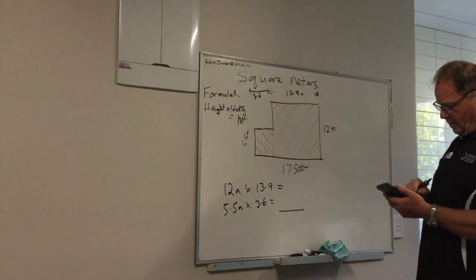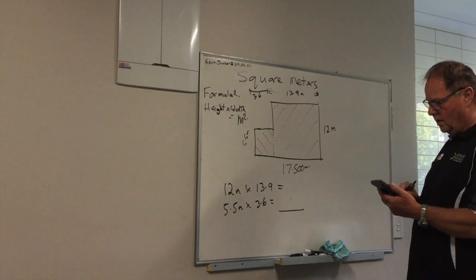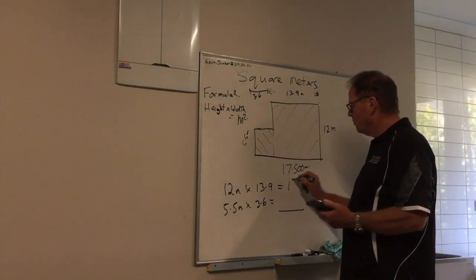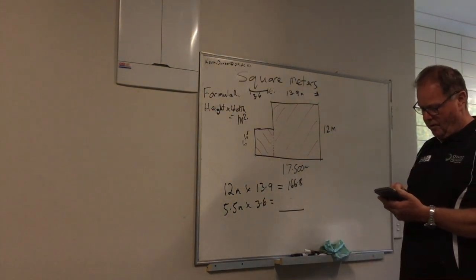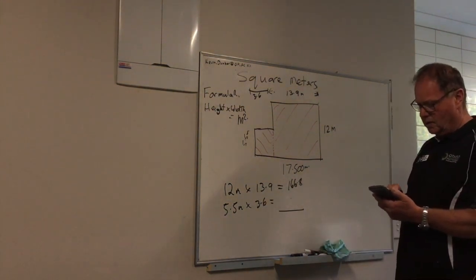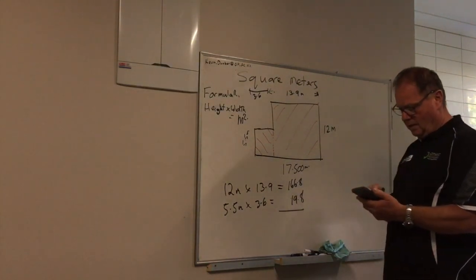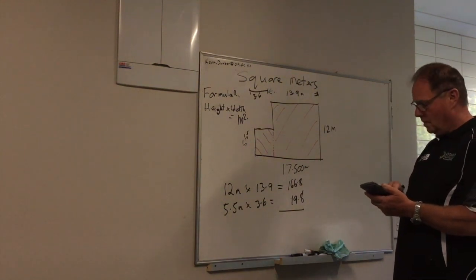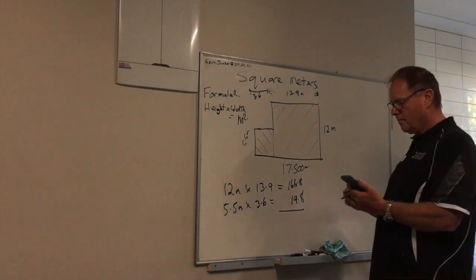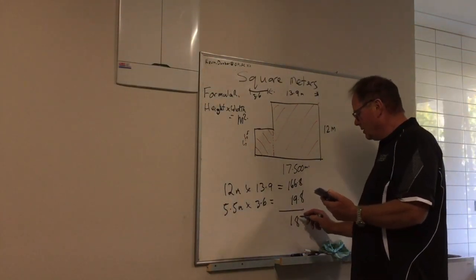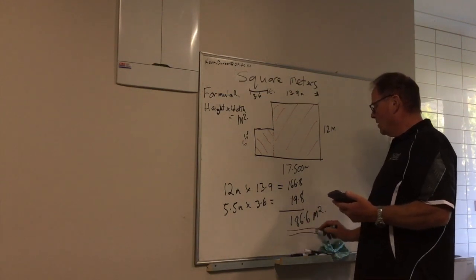So 12 times 13.9 equals 166.8, and 5.5 times 3.6 equals 19.8. 166.8 plus 19.8 equals 186.6 metres squared. There's our answer.